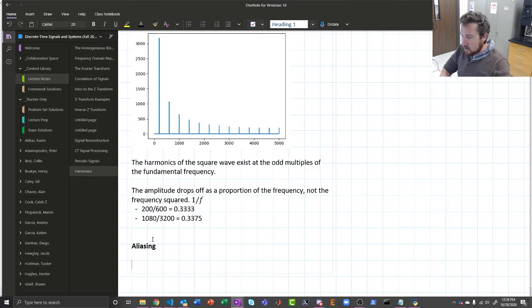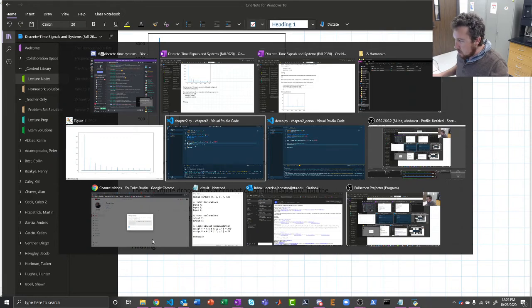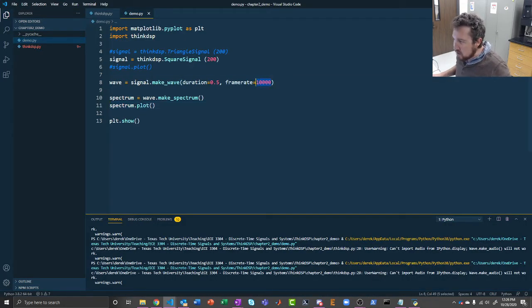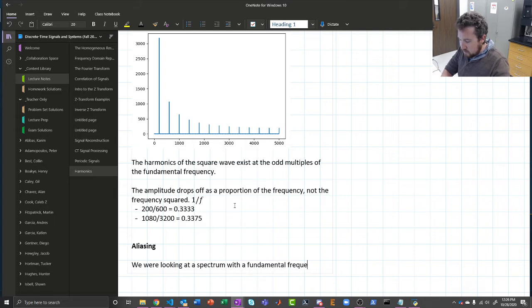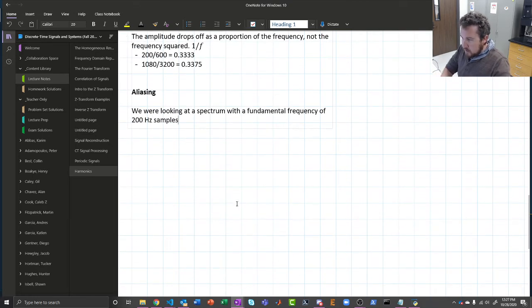And let's start by asking this question, right? If we go back and look at the code that we wrote, we saw that we set our frame rate to 10 kilohertz, right? 10,000 hertz, and we were sampling a signal at 200 hertz. So let's say we were looking at a spectrum with a fundamental frequency of 200 hertz, sampled at a rate of 10,000 hertz.